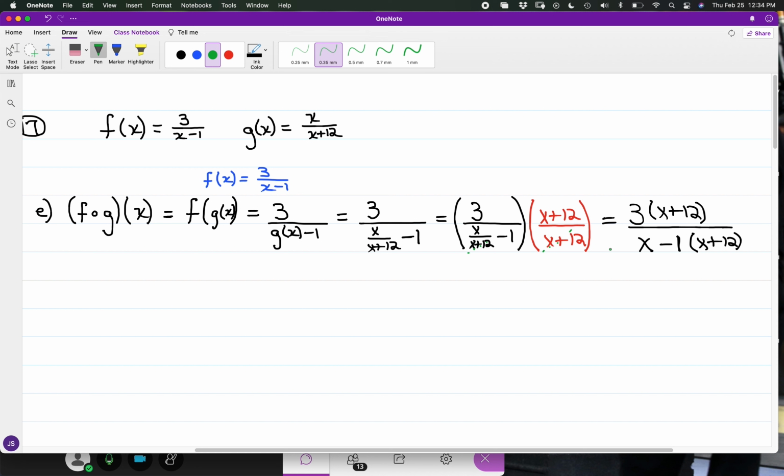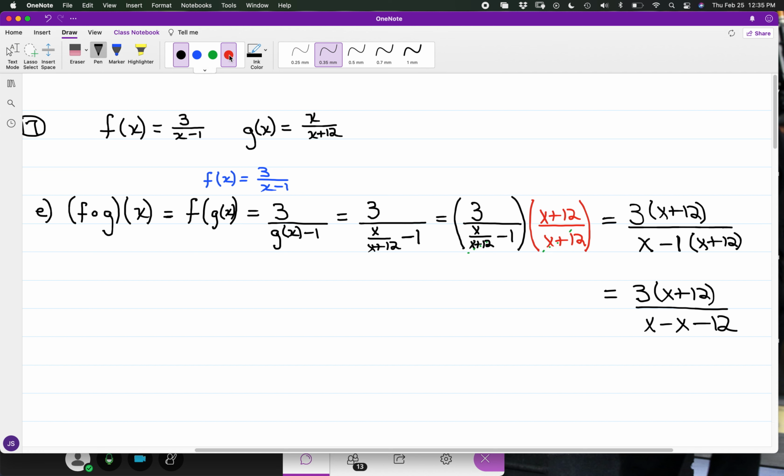So I have the x, and I have minus all of x plus 12. Following through, I have 3 all over x plus 12, and we have x and negative 1 over x plus 12, so we have negative x and a minus 12.